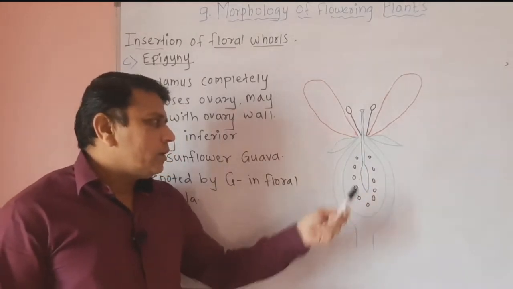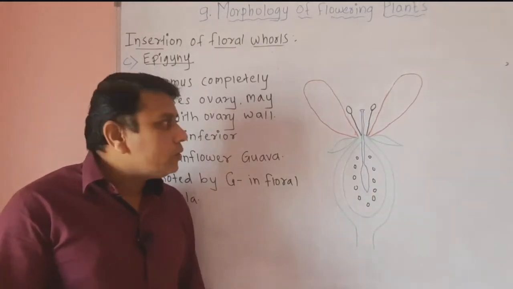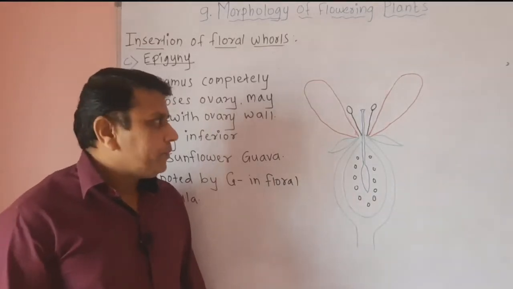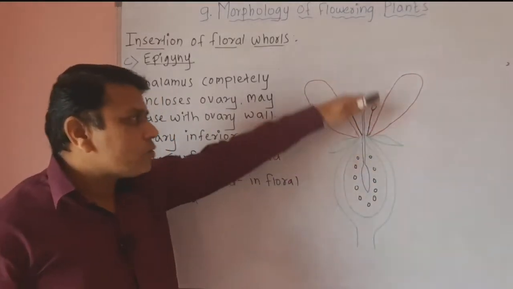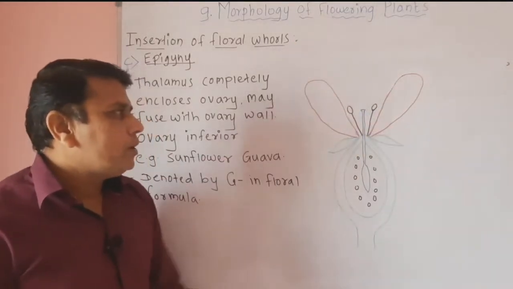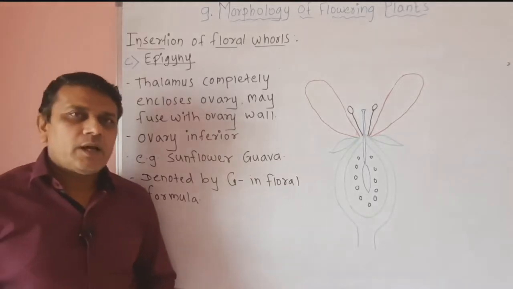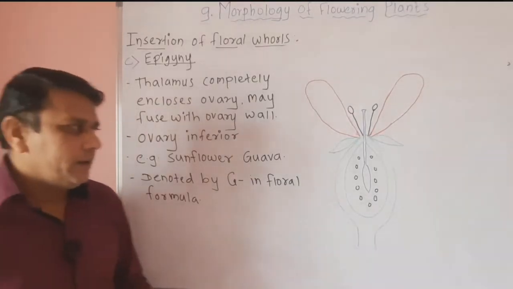So, such ovary which is placed below the floral parts is called as inferior ovary and the floral parts are superior or they are at the top. So, such flower is called as epigynous flower and the condition is called as epigyny.